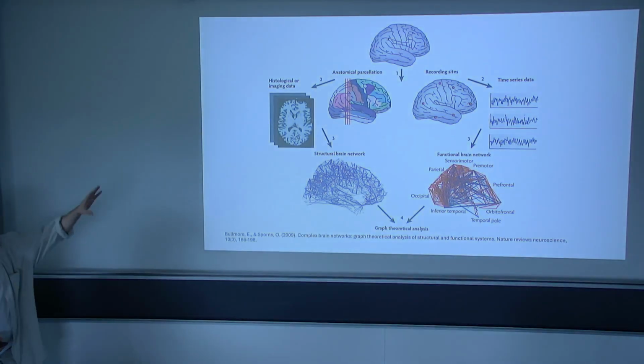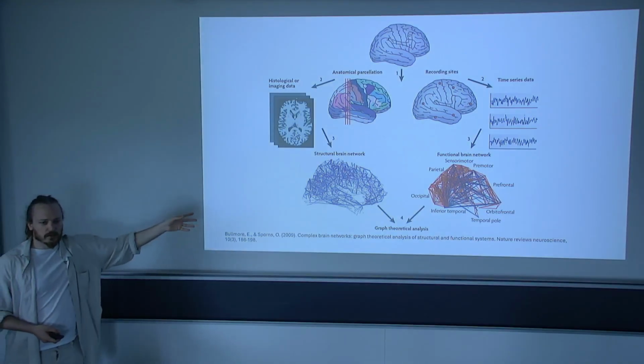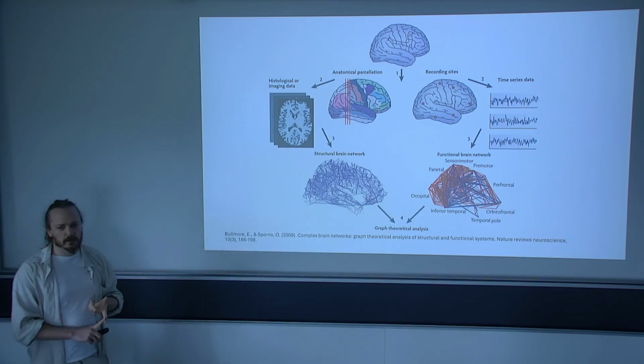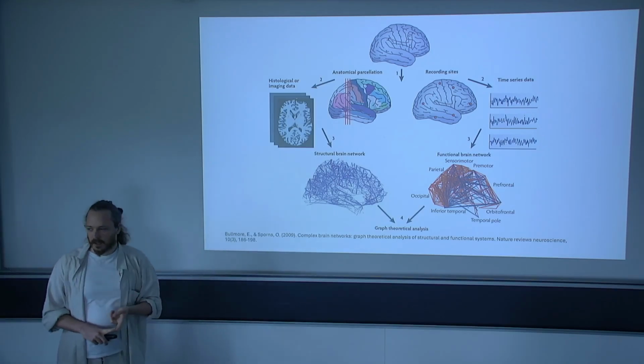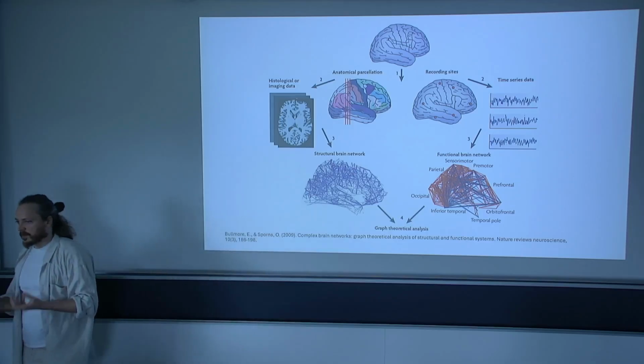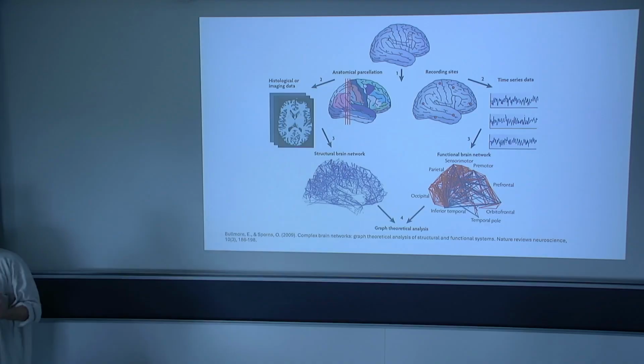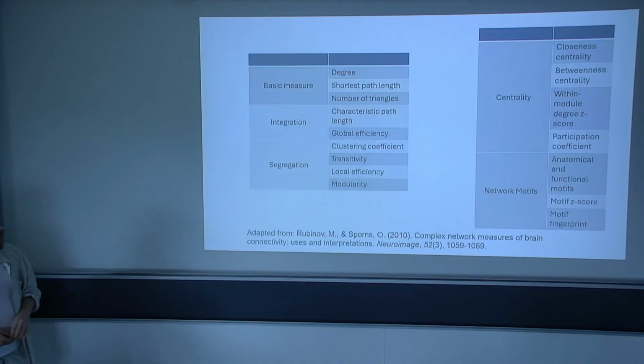There are generally two approaches. You can do a structural brain network, which you base on the structural anatomical connections, for example, with diffusion tensor imaging. Or you can create functional networks based on correlation of activity with EEG or fMRI, or spiking activity. There are quite a lot of different relevant measures.